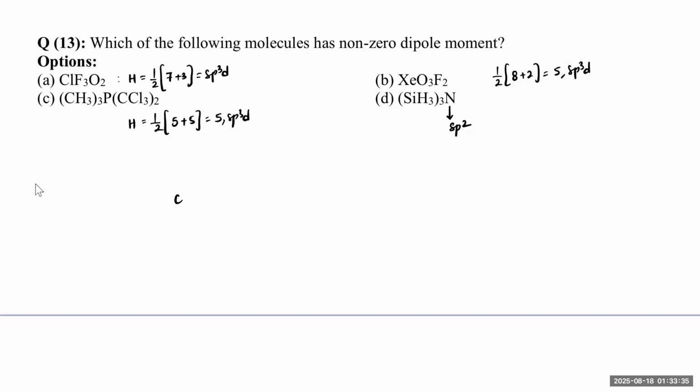Now in the first case, which is more electronegative, fluorine or oxygen? Fluorine, right? So as per Bent's rule, we are supposed to place fluorine axially first. Then one fluorine will be here, and the other two oxygens will make a double bond this way. This is the structure.